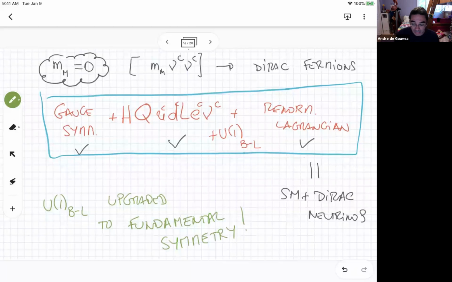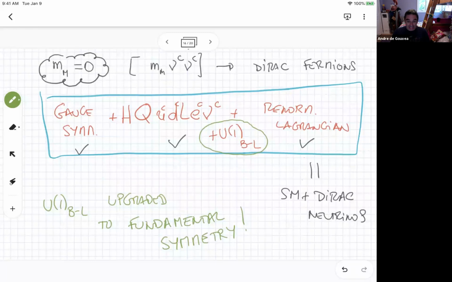Okay, and this is a very big deal because now all of a sudden, instead of having this U1 B minus L come out as an accidental symmetry, it actually has to be a fundamental symmetry. So if somehow you knew for a fact that the neutrinos were massive Dirac fermions, and again, I'll try to talk about that a little bit more, then you would have learned that U1 B minus L is a fundamental symmetry of nature.